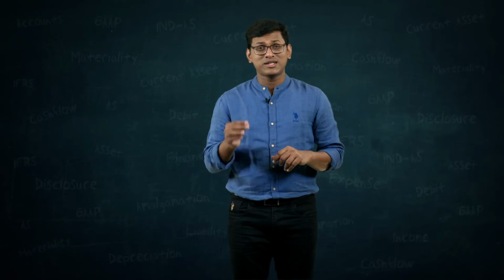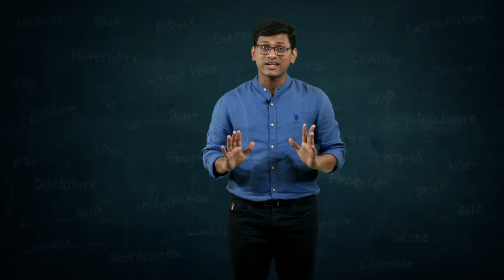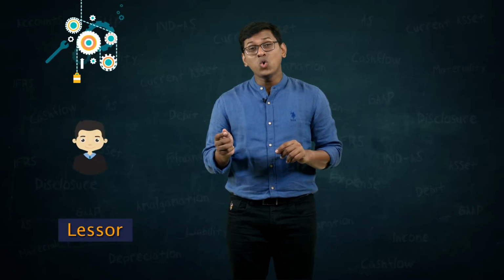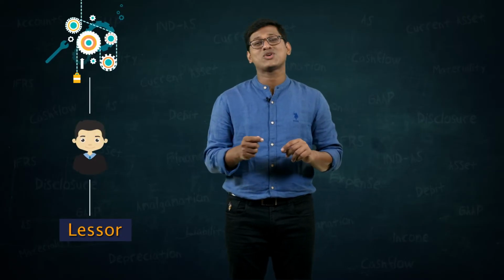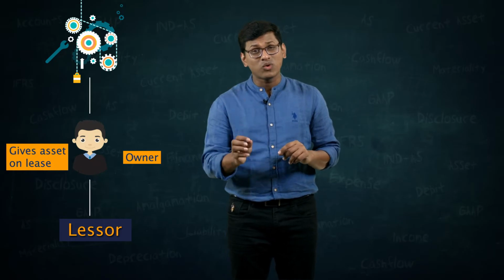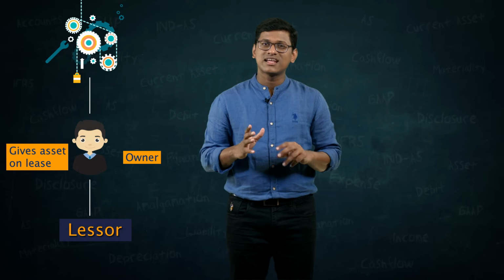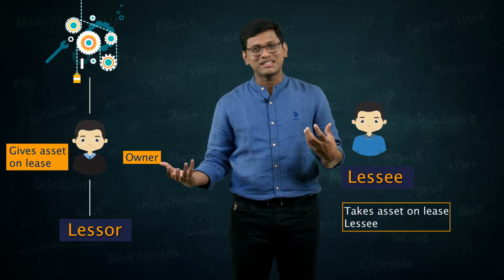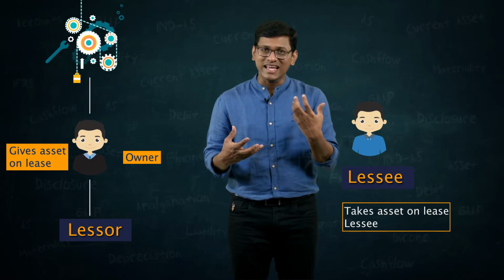The first point is about what a lease is, right? So let's take a small example. The one who gives asset on lease is called lessor, L-E-S-S-O-R. Lessor is the one who gives asset on lease. Lessee is the one who takes asset on lease. Somebody is giving the asset on lease, somebody is taking the asset on lease.